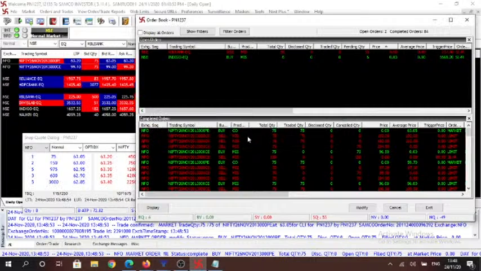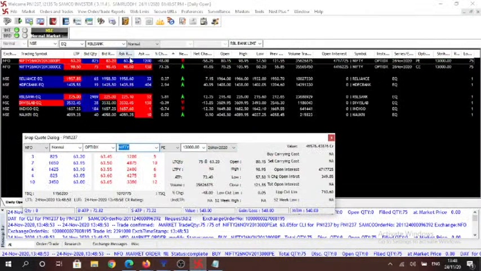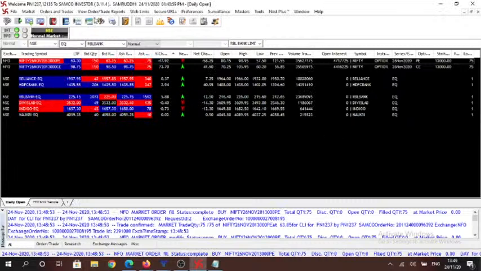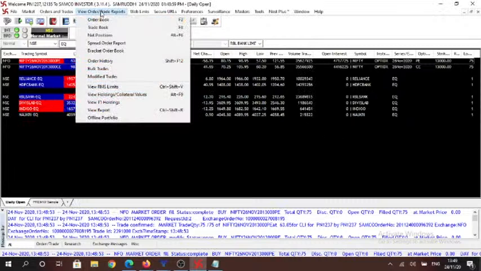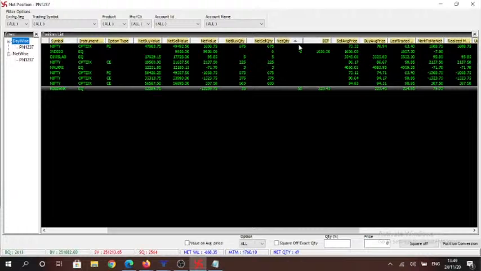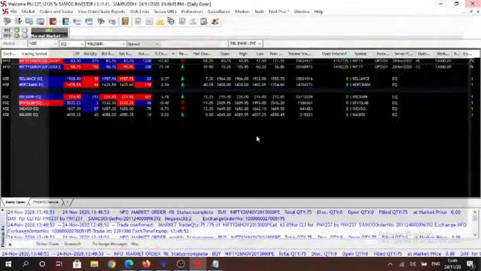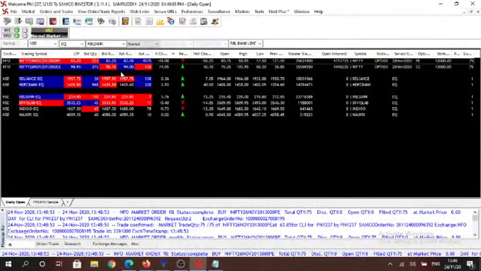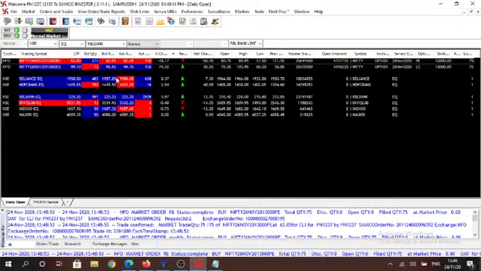I place an order to exit. I've exited at 63.05. Now we don't have any position except two stocks. Let's see what is happening.